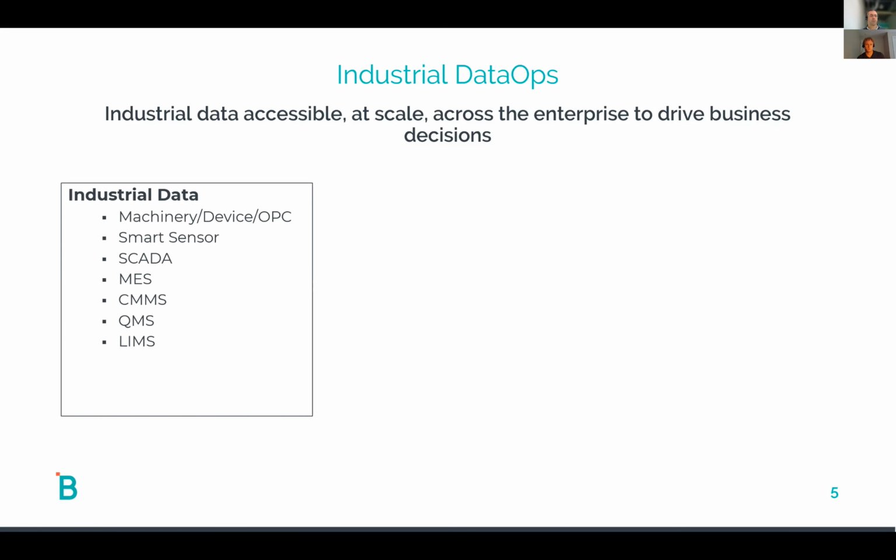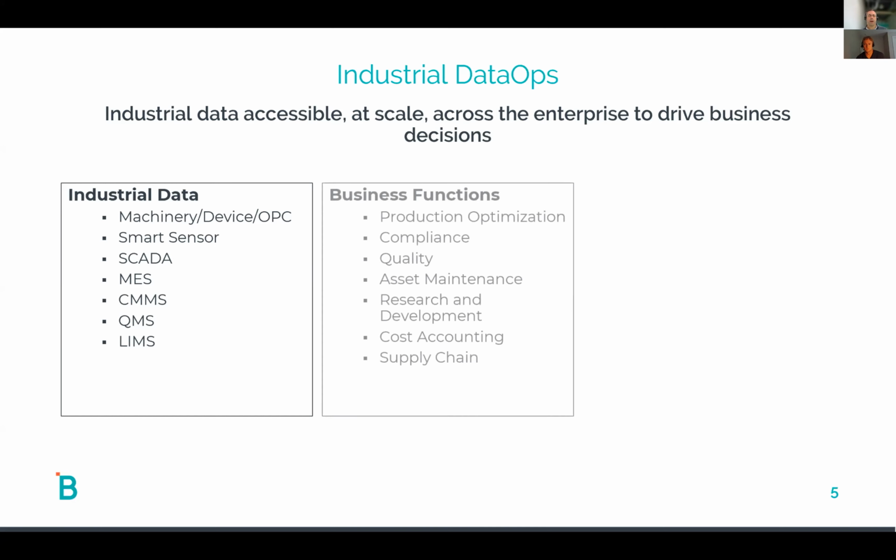We've got OPC servers, smart sensors, SCADA, MES, CMMS, quality management, and lab management systems. So we've had a lot of different systems within or around our factories to collect data, to analyze data, and to allow the execution of the factory.